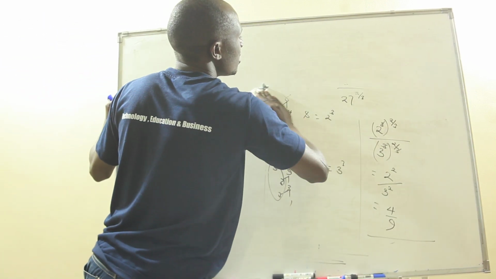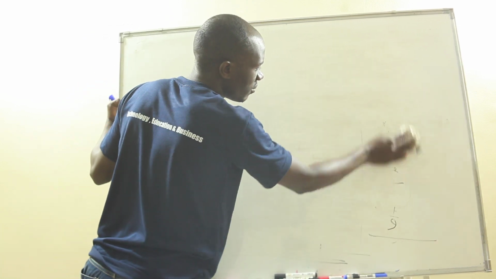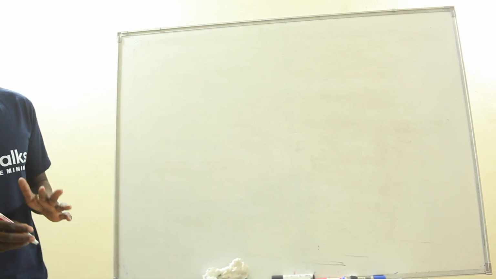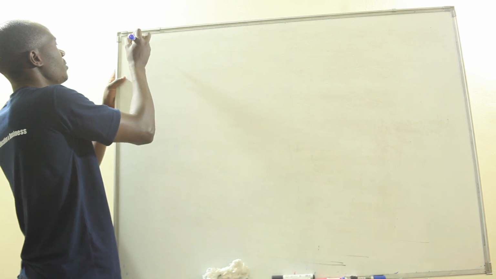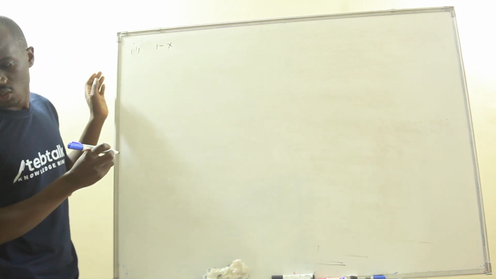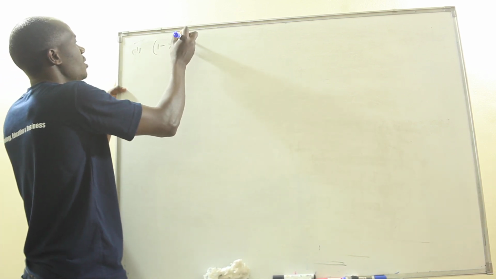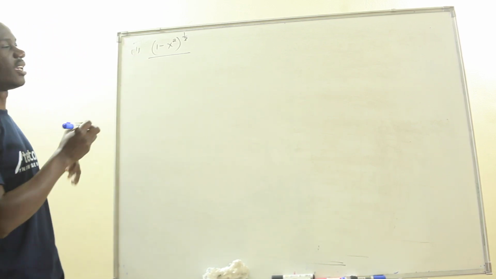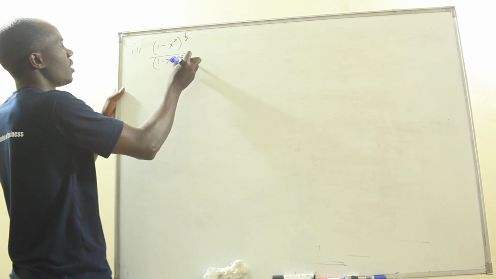We're going to look at simplify for Roman 2. All of them, when we talk about simplify, we're talking about how to reduce to the simplest form. So Roman 2 is also saying simplify 1 minus x squared power a third, all over 1 minus x power negative 2 out of 3.